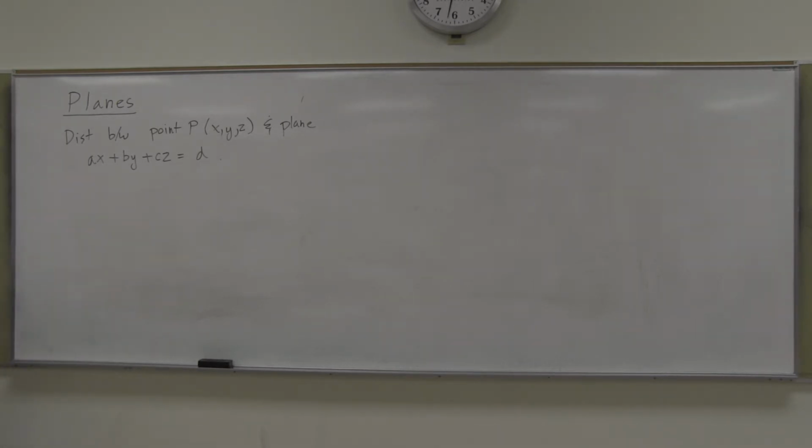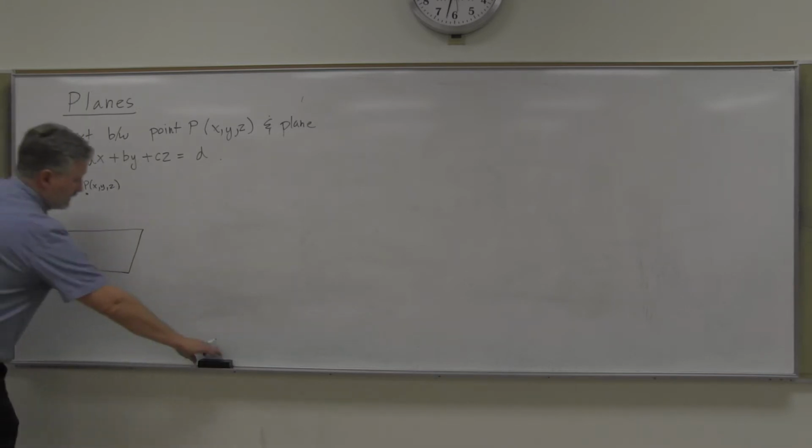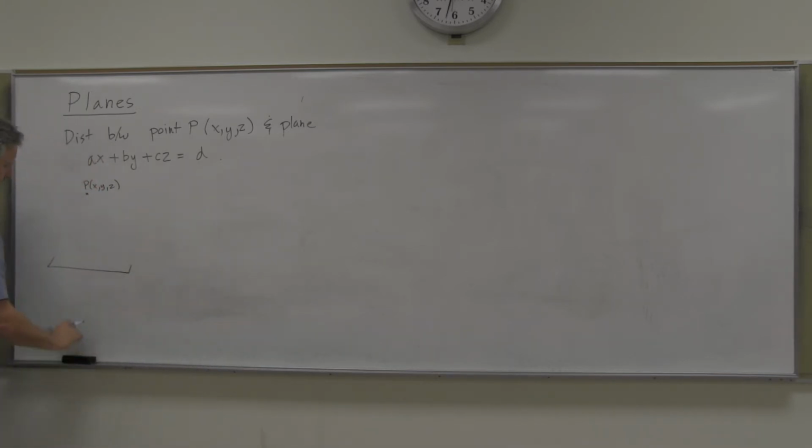Okay, so here I've got this point P up in space, (x, y, z). And I've got this plane, wherever it is, down here. So I want the shortest distance between that plane and that point. Well, not too hard to draw here.